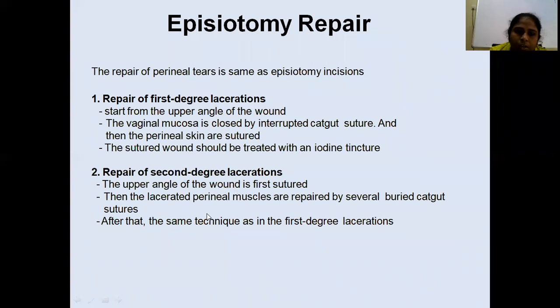If you have cut the muscle also, based upon the fetal size and the laxity of the vulva, you decide how much episiotomy you want. Sometimes for second gravidas usually we give a very small episiotomy incision. Then it will be like a first degree laceration of the perineum.